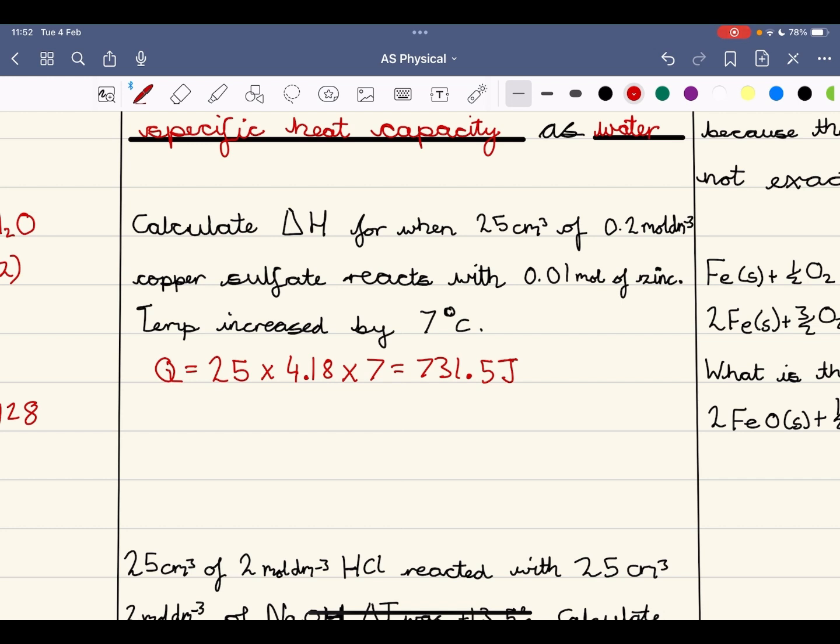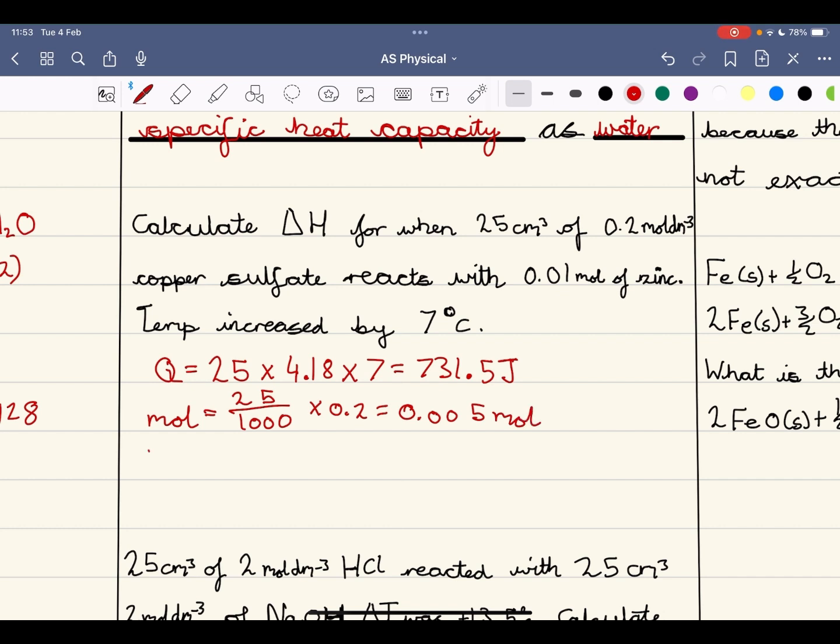And then I'm going to work out the moles. So we do the volume, which is 25 divided by 1000, times 0.2, and we get 0.005 moles.